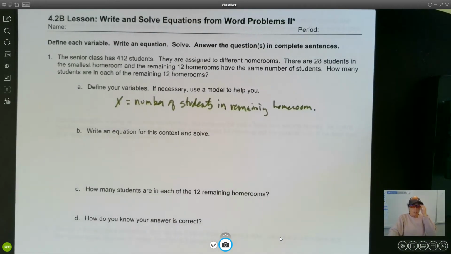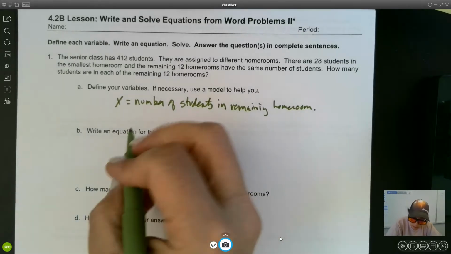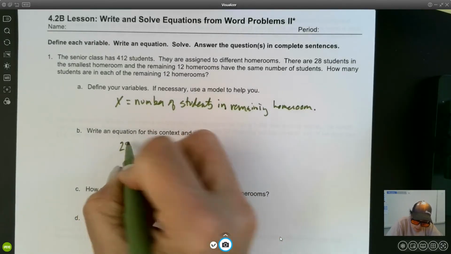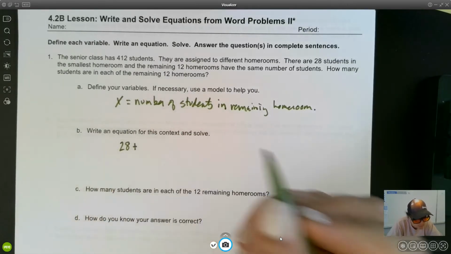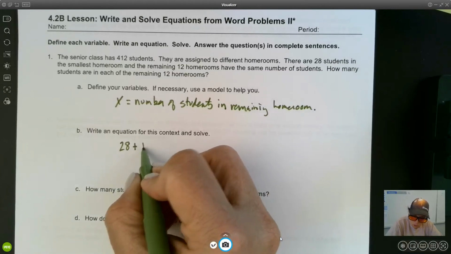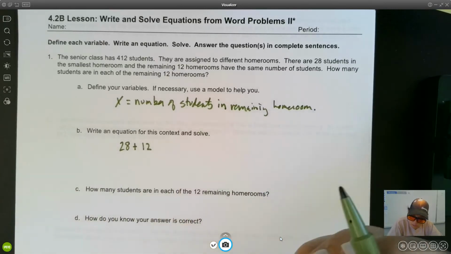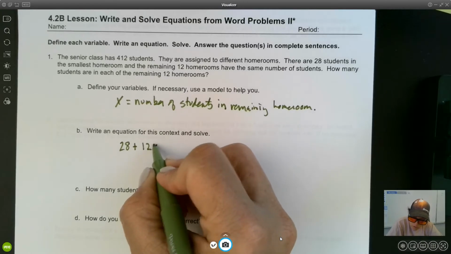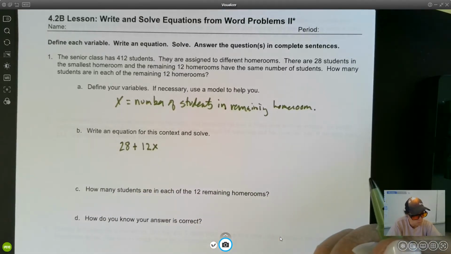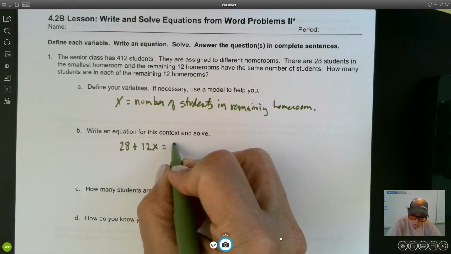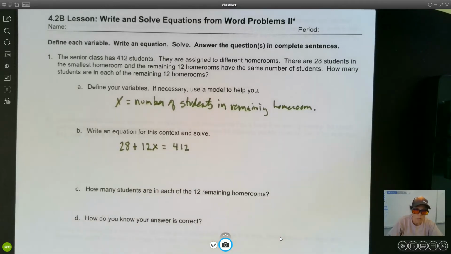The equation that we could write with that x would be 28 kids plus 12 homerooms with a certain number of kids in those homerooms equal to a grand total of 412 kids. So there's the equation.